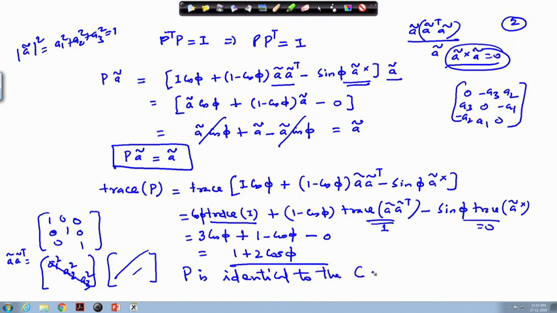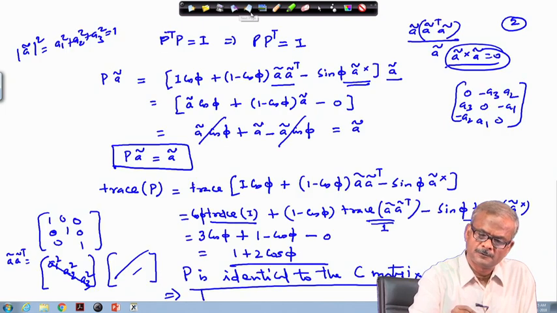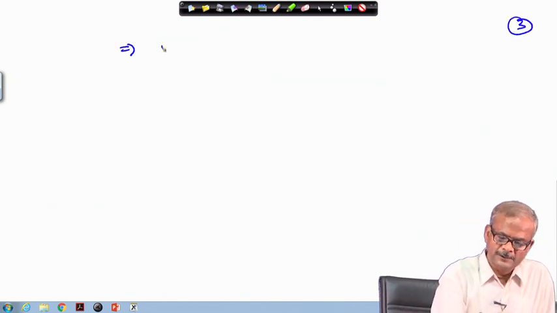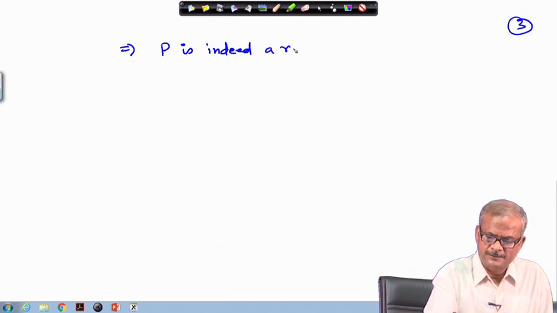the C matrix, and therefore, this implies that P is indeed a rotation matrix.